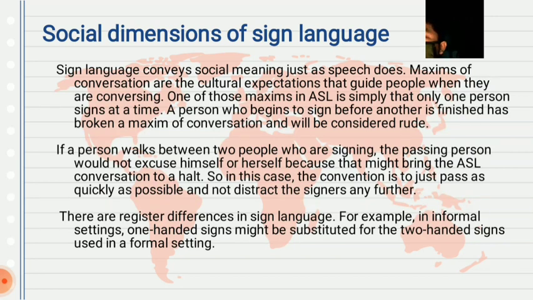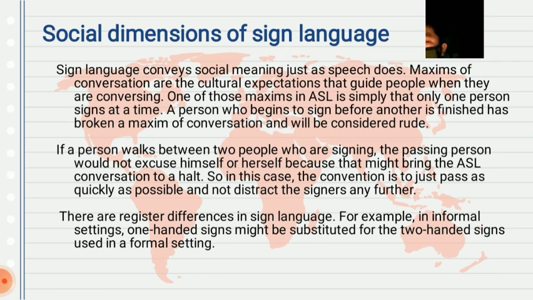If a person walks between two people who are signing, the passing person would not excuse himself or herself, because that might bring the ASL conversation to a halt. So in this case, the convention is to just pass as quickly as possible and not distract the signers any further.